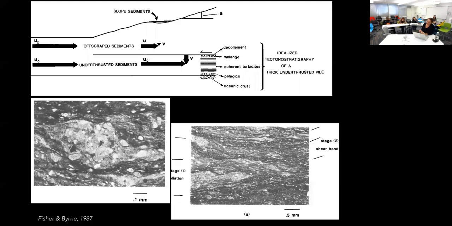Once that macroscopically ductile deformation has started to stretch out all of the sands and shales and mix the subducting sediment like that, because it's being buried so fast, it starts to lithify, just like a sediment that was going to be buried in a basin. As it gets harder, it starts to favor the development of discrete faults.